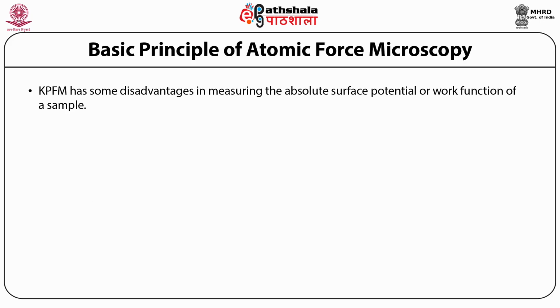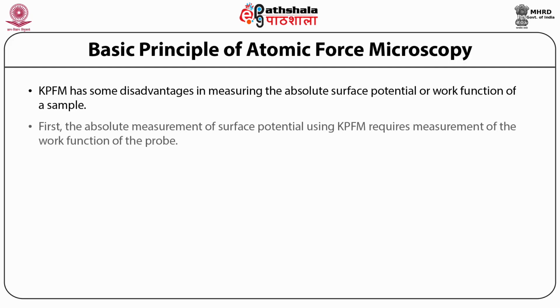KPFM has some disadvantages too in measuring the absolute surface potential or work function of a sample. First, the absolute measurement of surface potential using KPFM requires measurement of the work function of the probe.